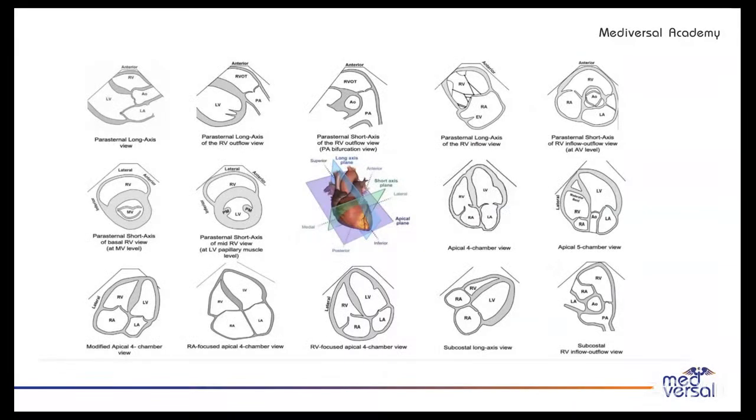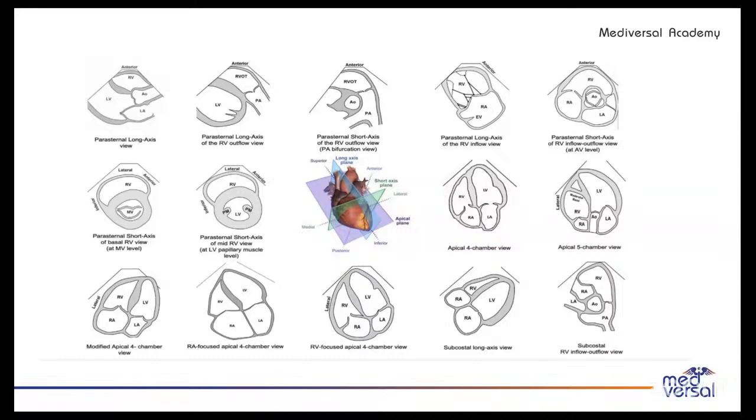These are the views we have to see in 2D echo for the right side of the heart. The first image showing was the parasternal long axis view. It has LA, LV, aorta and RV. We will see the right ventricular outflow tract, and the parasternal long axis view of the RV inflow view. Generally we will see the LV, right ventricular outflow tract and pulmonary artery.